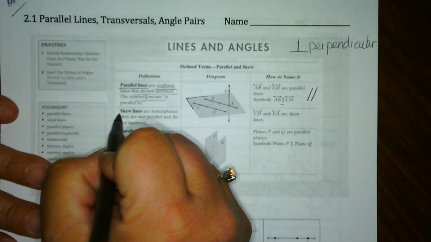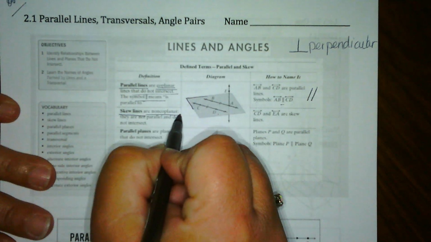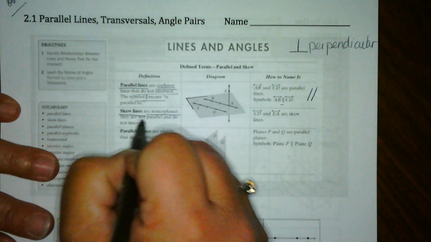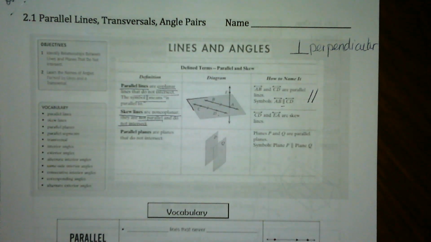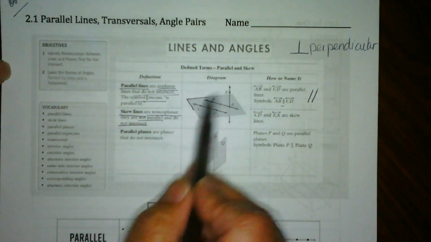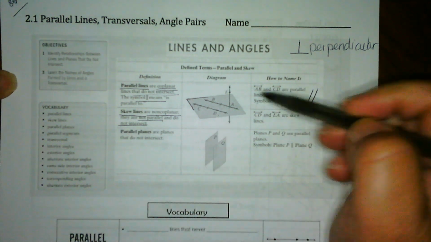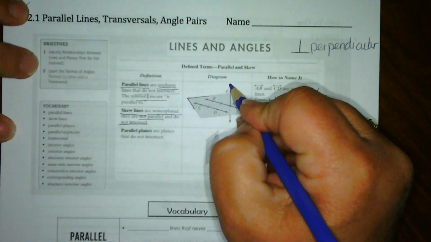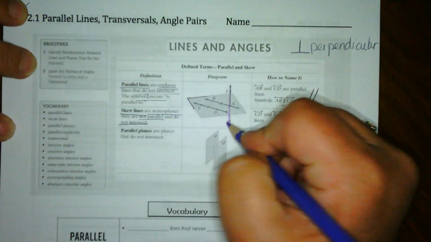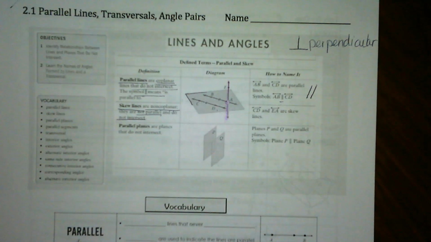Here's another definition, skew lines. They are not coplanar, they are not parallel, and they do not intersect. So, in this picture, these two lines are on the plane, and this line right here, I'm going to color it in, is going through the plane, but it intersects this line at point A. So those two lines are not skew.